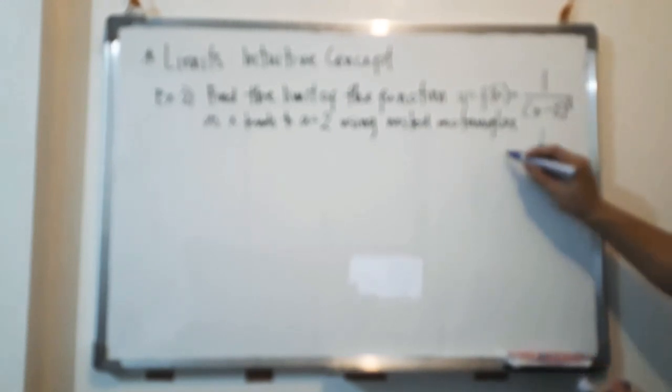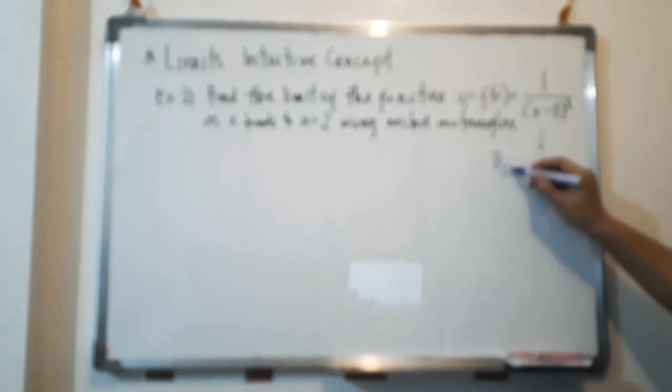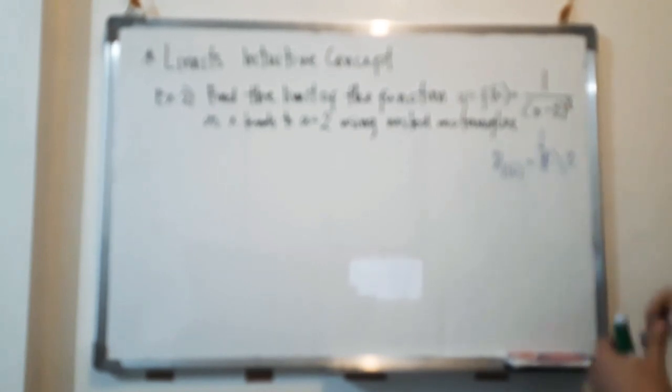So, the graph of this function has a vertical asymptote at x equals 2. Diba? Because the domain of our function f of x is the set of all real numbers except positive 2, right? Hindi pwedeng ma-take ng function na to yung x equals 2 kasi magiging undefined siya or not real siya.